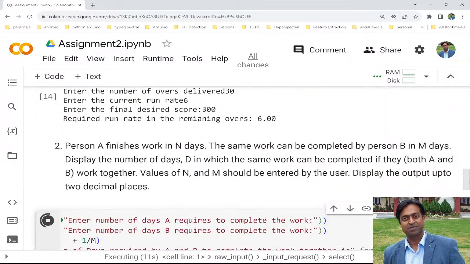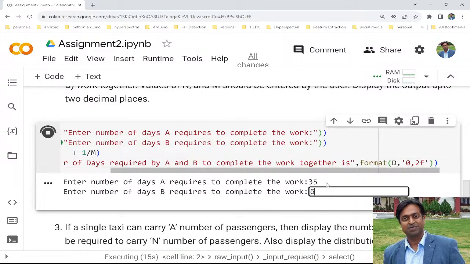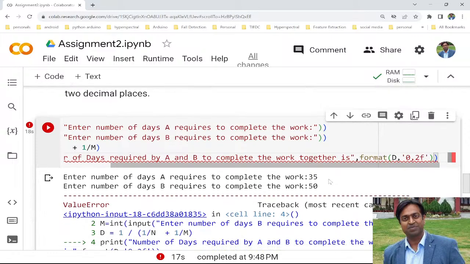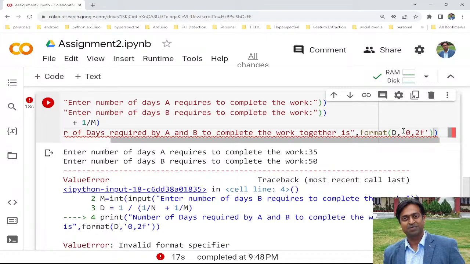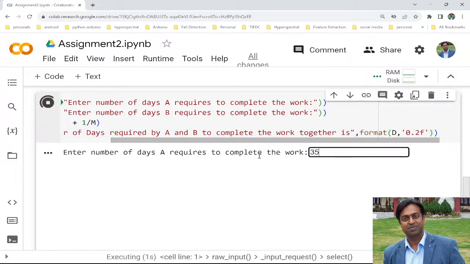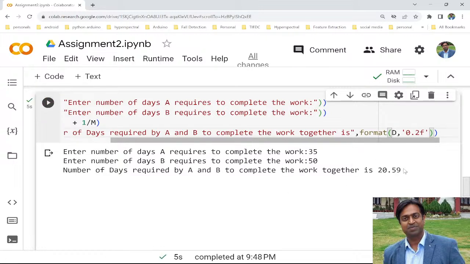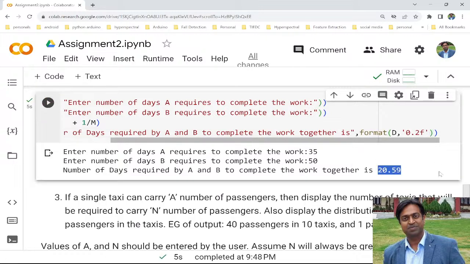I think I made some mistake. Oh, I put a comma, so it is a full stop. So if I run this program again, I enter 35 50 and I get the answer 20.59, right?